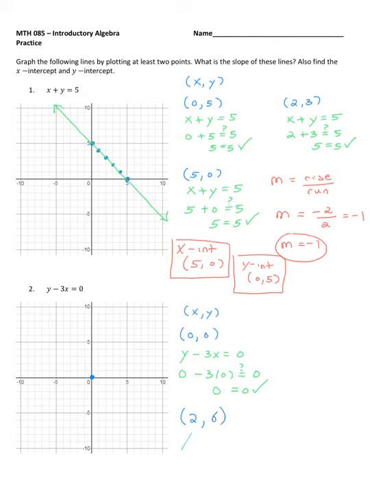Again, my equation is y minus 3x is equal to 0. If I put 6 in place of y and 2 in place of x, this simplifies to 6 minus 6, and that, in fact, is equal to 0. So again, the point 2, 6 is also on the graph.